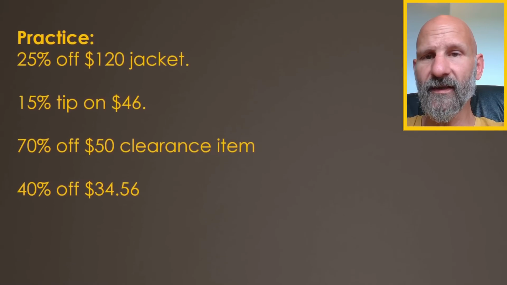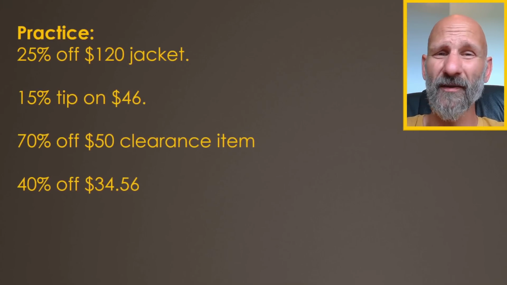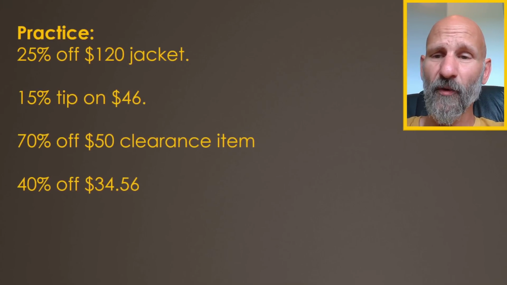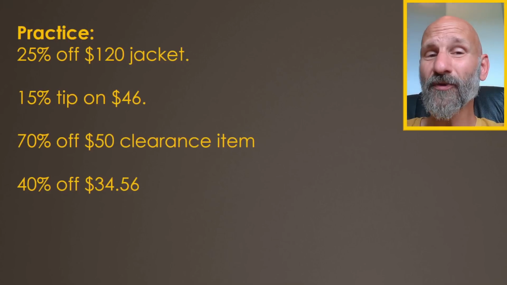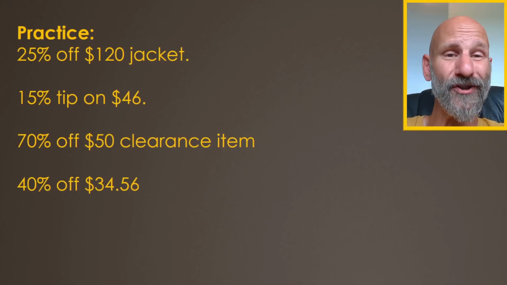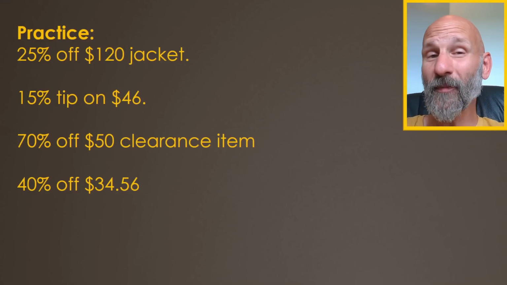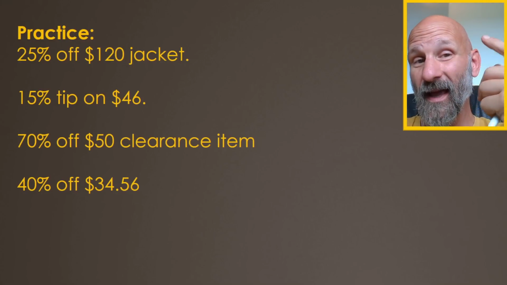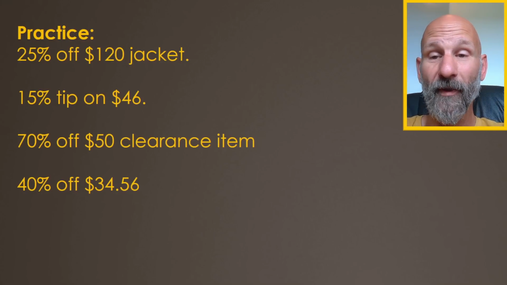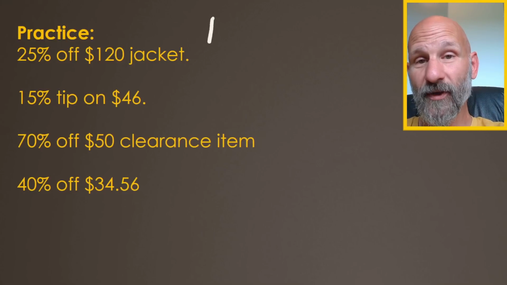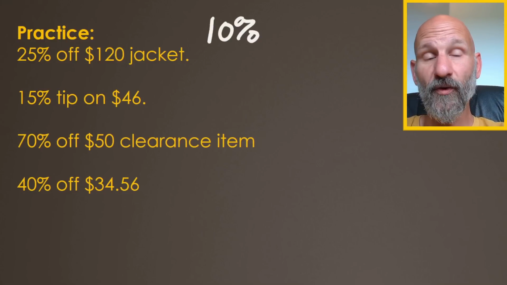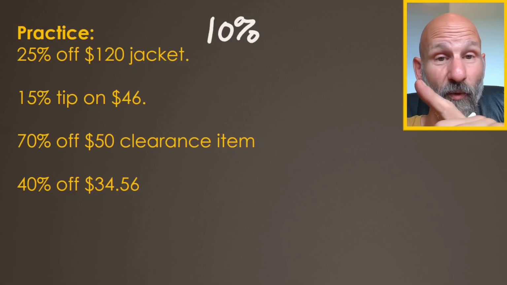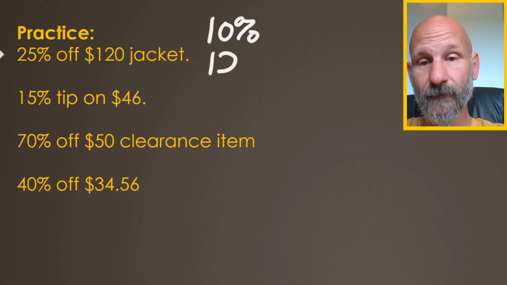So here we go. Let's do some other ones. These ones are kind of off the cuff. So we've got 25% of a $120 jacket. We can do two 10%s and a 5%. For the $120, one 10% is going to be, move the decimal place over one spot, 12 bucks.